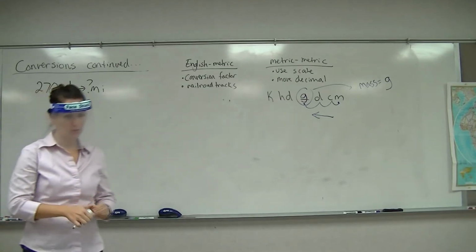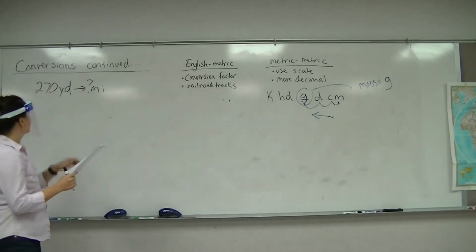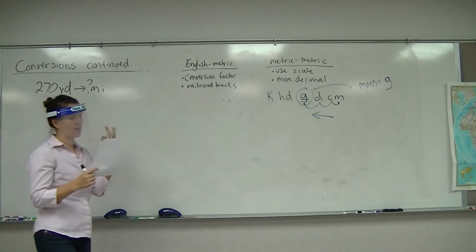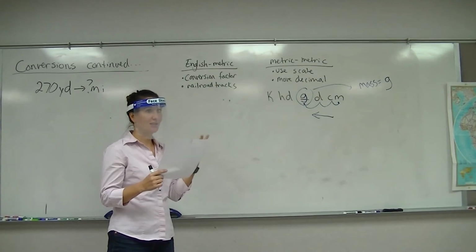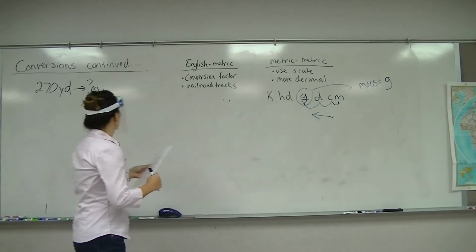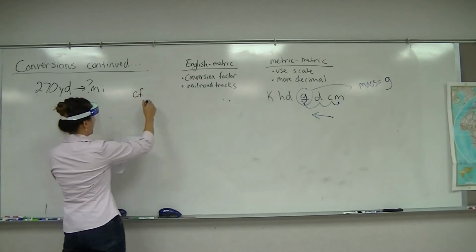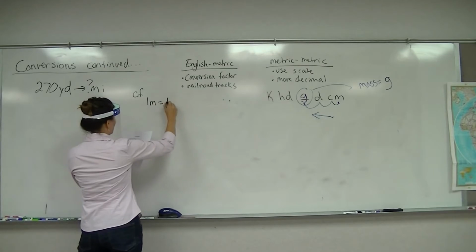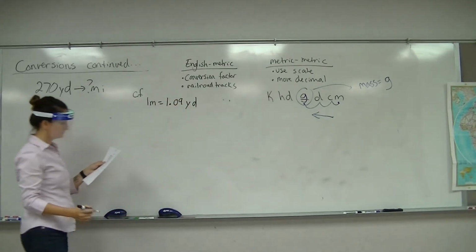And you'll notice when you go into your conversion factor sheet, there isn't one that gets you from yards to miles. You actually only have 2 conversion factors that have yards in them at all, and both of them go to meters. So that's our only choice. I'm going to write that conversion factor down since it's the only one that has yards in it. And it doesn't matter which one you choose. They'll both get you the same answer as long as you're setting up the equation correctly.